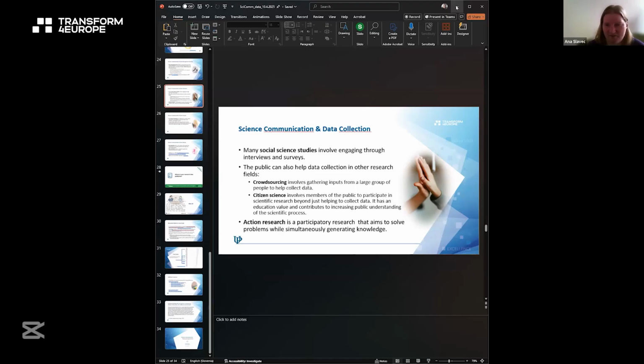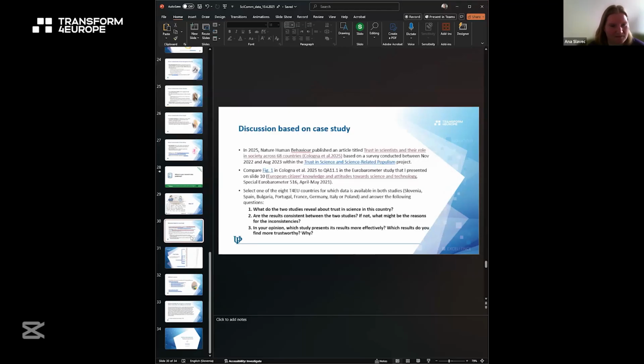Do we have a volunteer for another country? Do we have someone from Spain maybe? France, Germany, Italy, Slovenia? We have Poland maybe. Anyone from Poland? So far we had Bulgaria and Portugal.